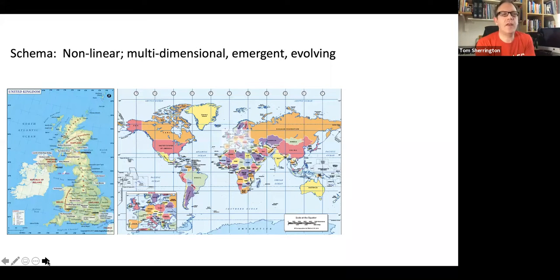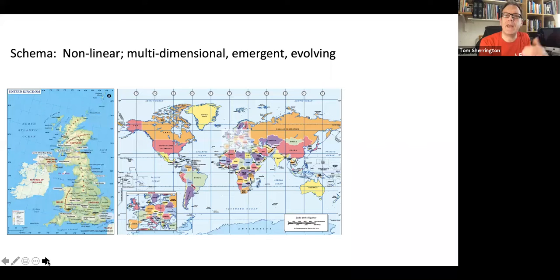Now let's have a look at this idea. A scheme that builds doesn't just happen in a linear order. Imagine your knowledge of, say, geography. So here's a map. There's the UK and there's the world map. Now think about your own knowledge of the world, countries and where they are, and how many different countries you can label in, say, South America or Africa or Southeast Asia, the capitals maybe.